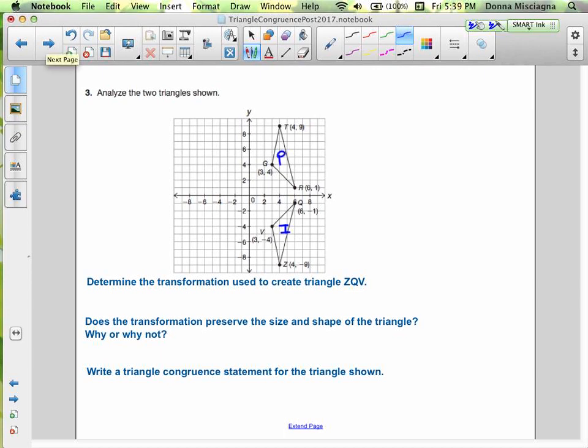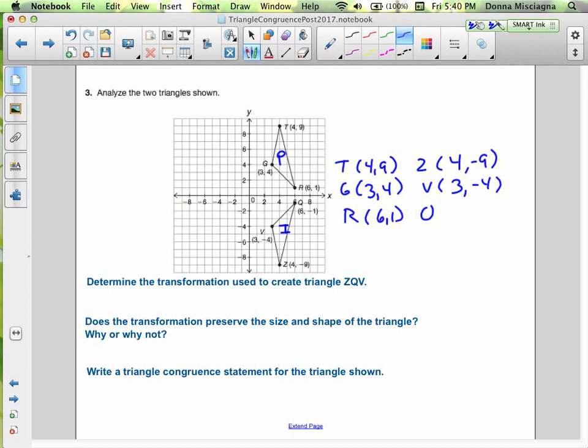All right, so T here is 4, 9, and Z here is 4, -9. G is 3, 4, and V is 3, -4. And finally, R is 6, 1, and Q is 6, -1.